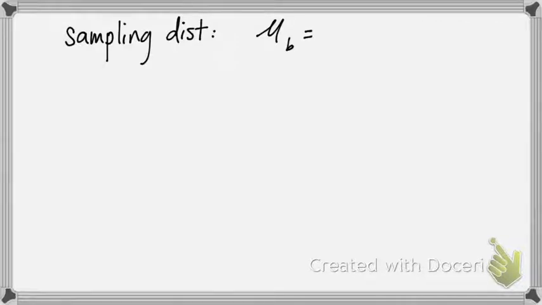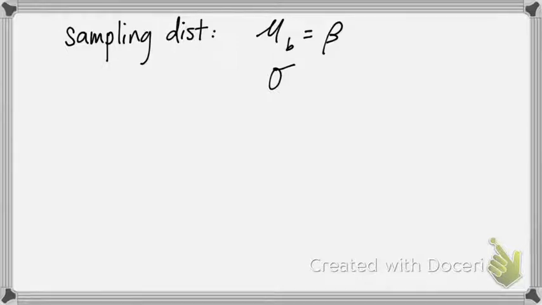It's always equal to your population slope, beta. In this chapter, it's beta. And my standard deviation, what was that?